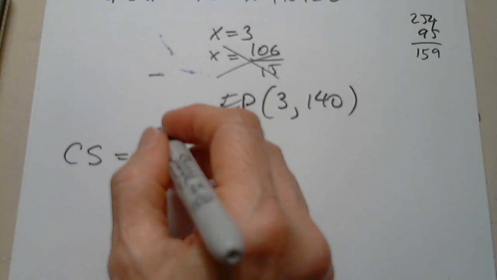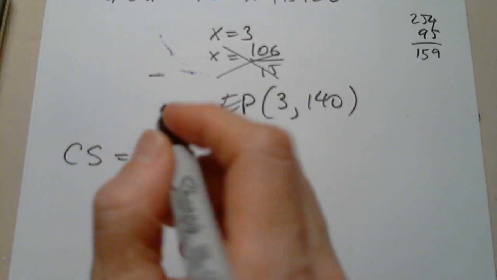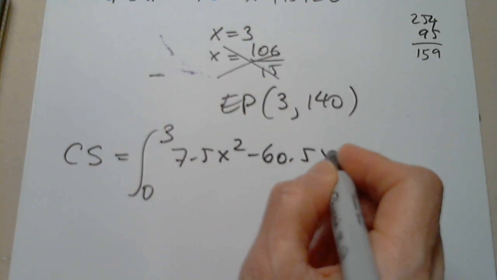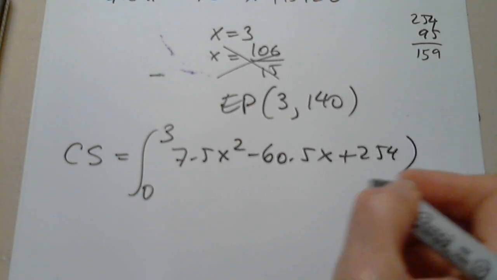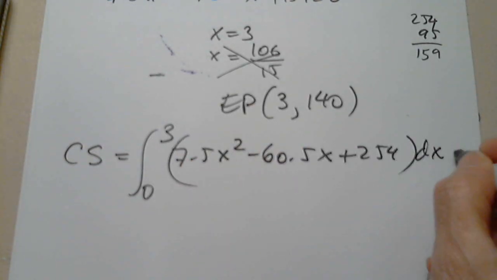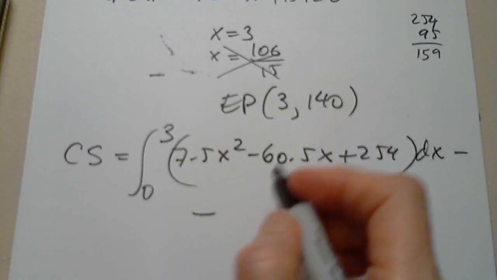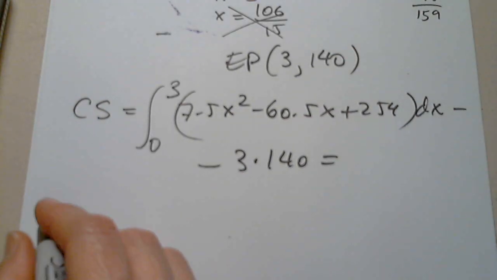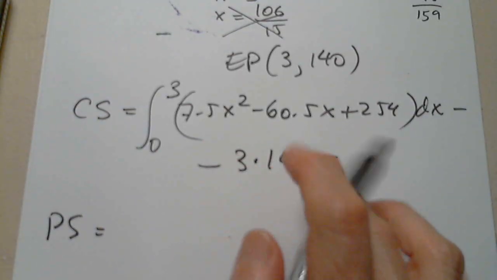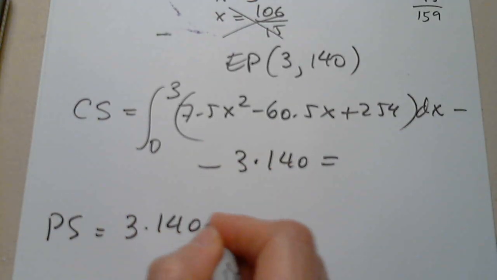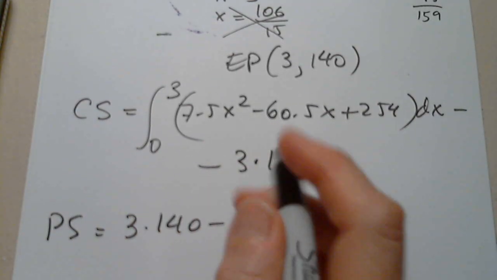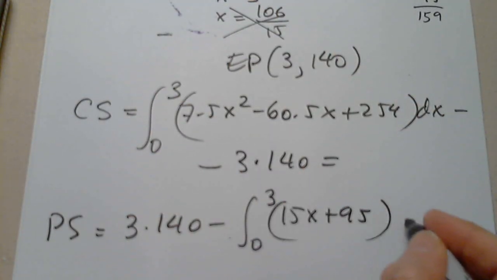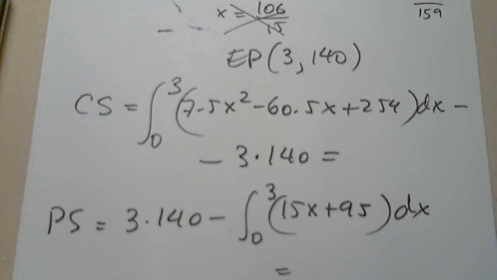So it will be the integral from 0 to 3 from 7.5x squared minus 60.5x plus 254, of course dx, but minus 3 times 140. And the producer surplus is 3 times 140 minus the integral from 0 to 3 from 15x plus 95 dx.